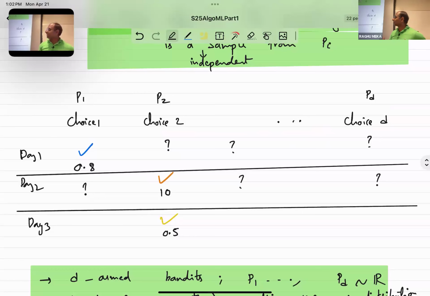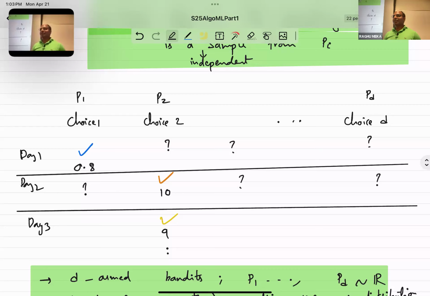Maybe when I pick choice 1, I got 0.8, choice 2, I got 10, and this was maybe again 9, and so on. One thing you can do is just follow the expert with the best reward that we've seen so far. But there's a problem with that. What's the problem with that?